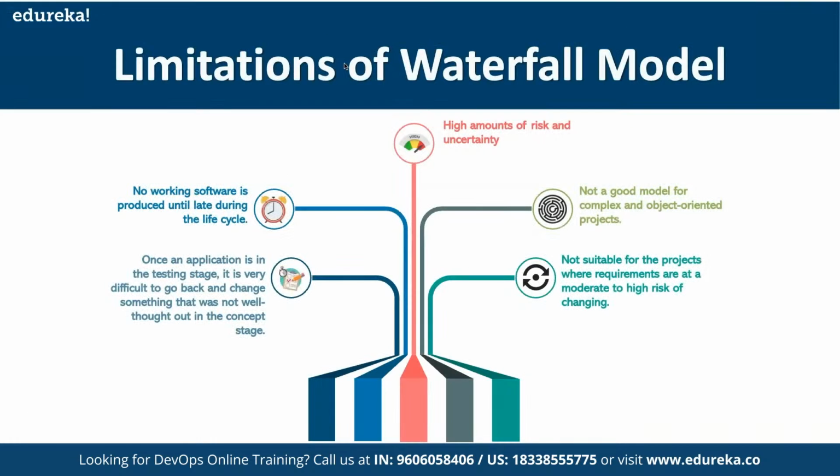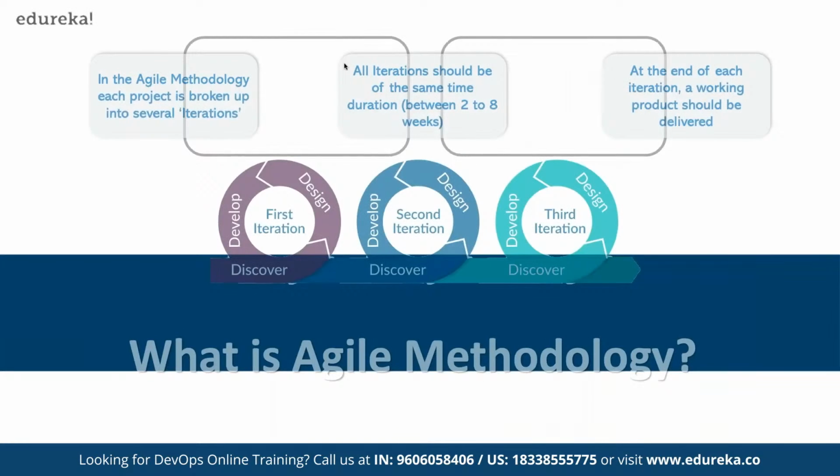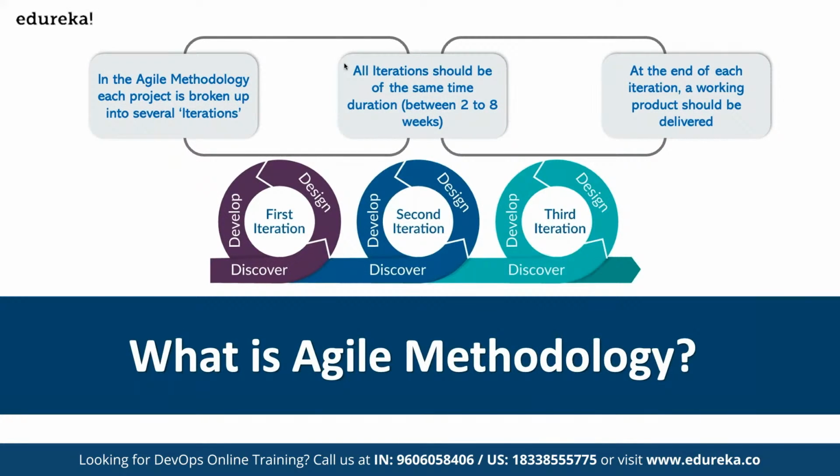Because of these limitations, these models are not good for complex projects. That's why we came up with something called Agile, as an updated and better version to solve those issues. Agile made it easier for us to iterate the process of development, design, and discovery.